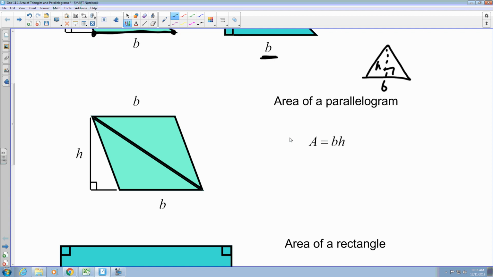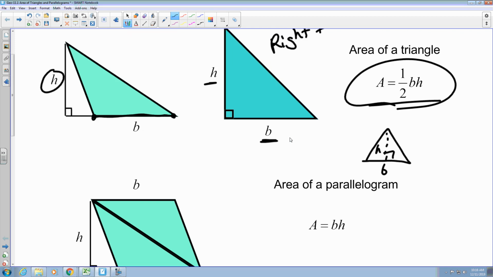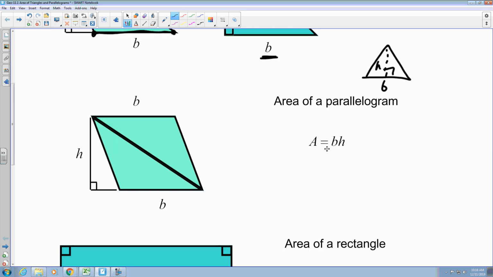Area of a parallelogram. Essentially, a parallelogram is just two triangles that connect at their respective hypotenuse. So basically what I did was I just took this triangle here and flipped it over to show you that it's just two triangles, but essentially it's base times height.